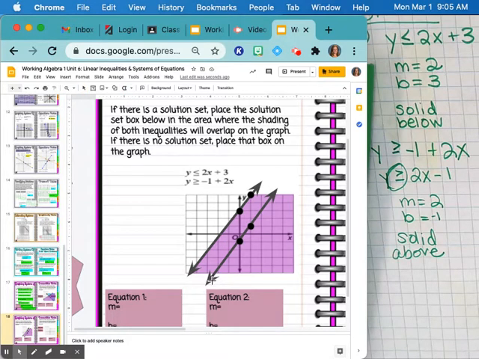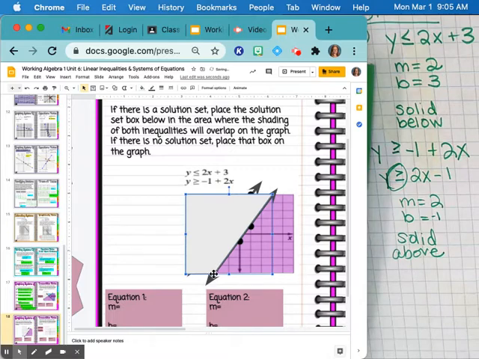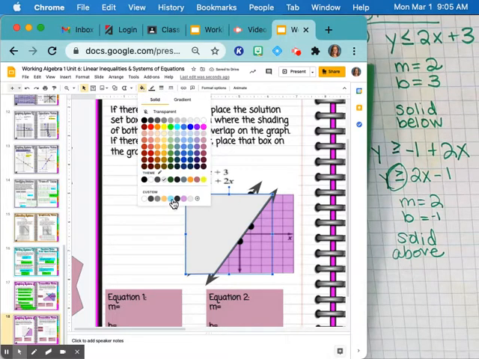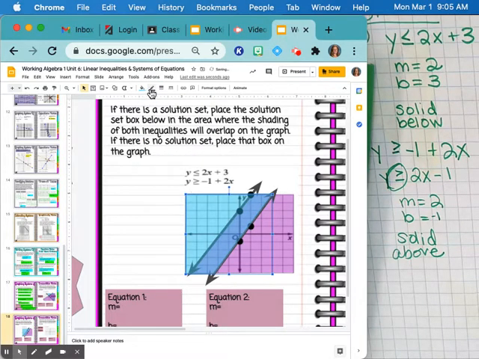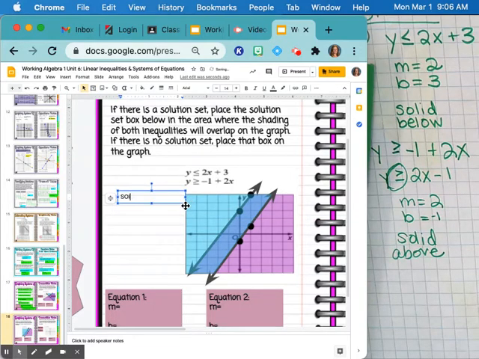Okay, so let's do our polyline, and we're going to do above this other one. Okay, how's that look? Pretty good. So in between the two lines is our solution set. So let's do a little text box and write solution.